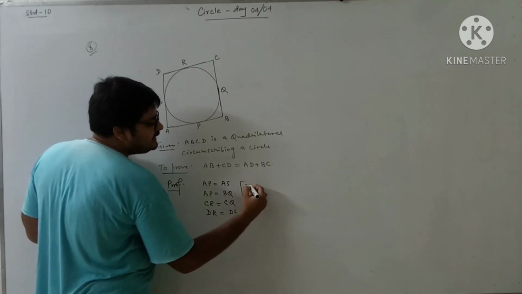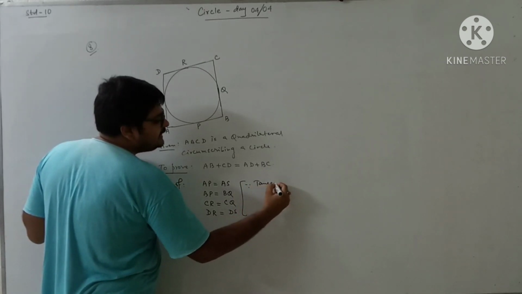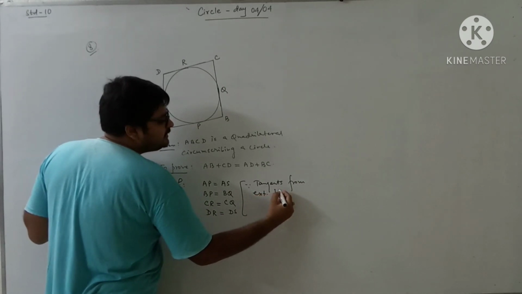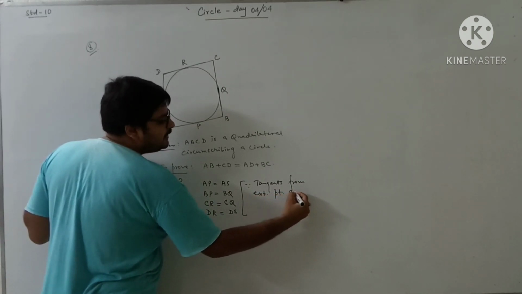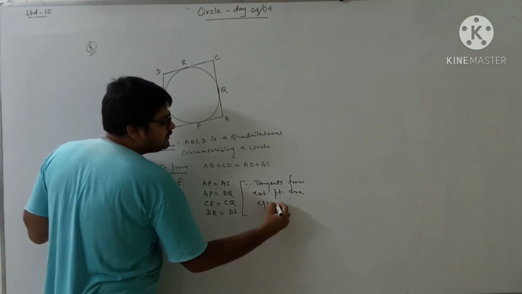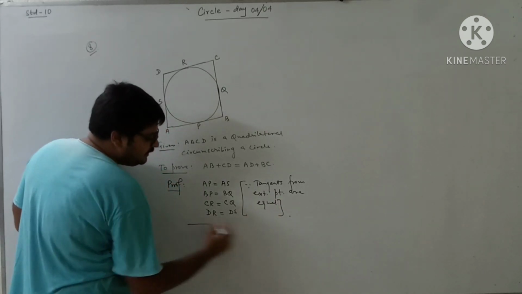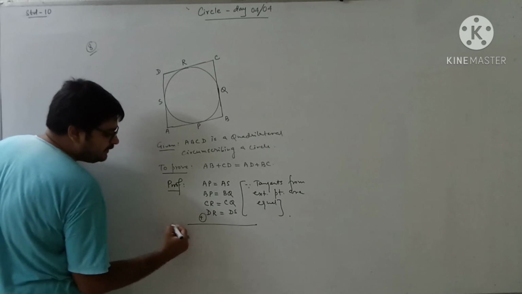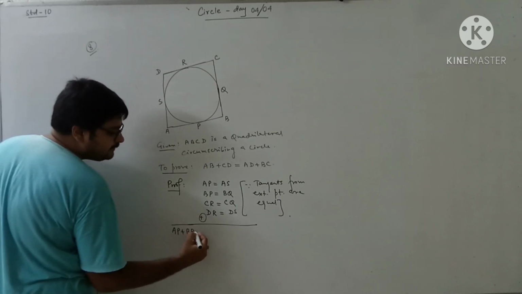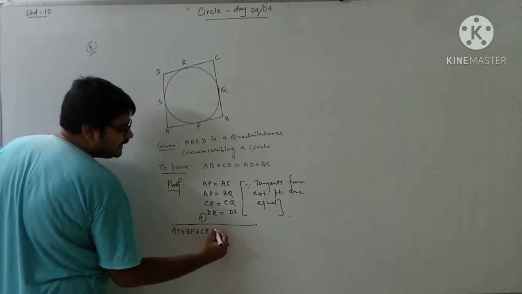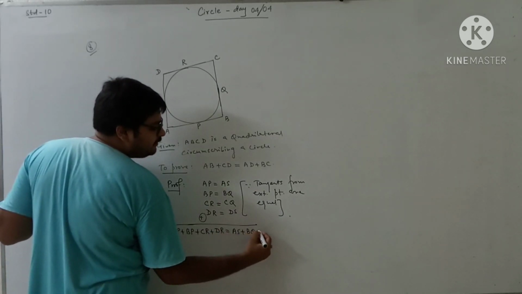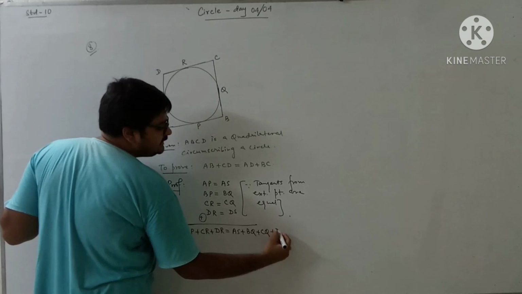So I will write, since tangents from an external point are equal. Now we are adding all. On the left side we are getting AP plus BP plus CR plus DR. On the right side we are getting AS plus BQ plus CQ plus DS.